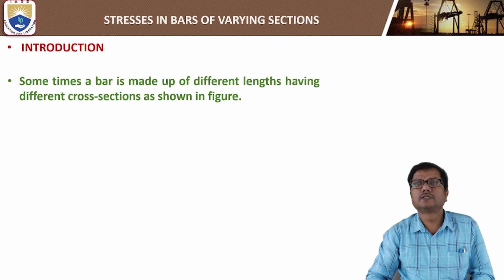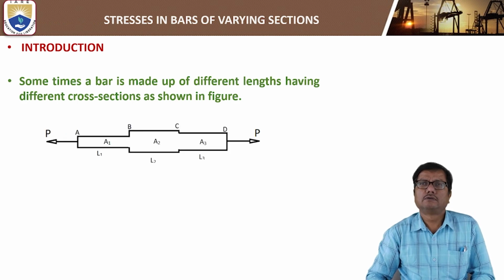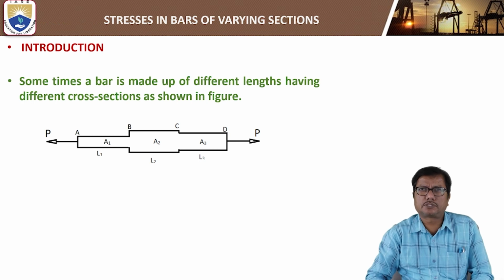Now, when bars of different sections are connected together and subjected to axial forces, what will be the stresses in each of these bars, what will be the elongation of each bar, and the total elongation?